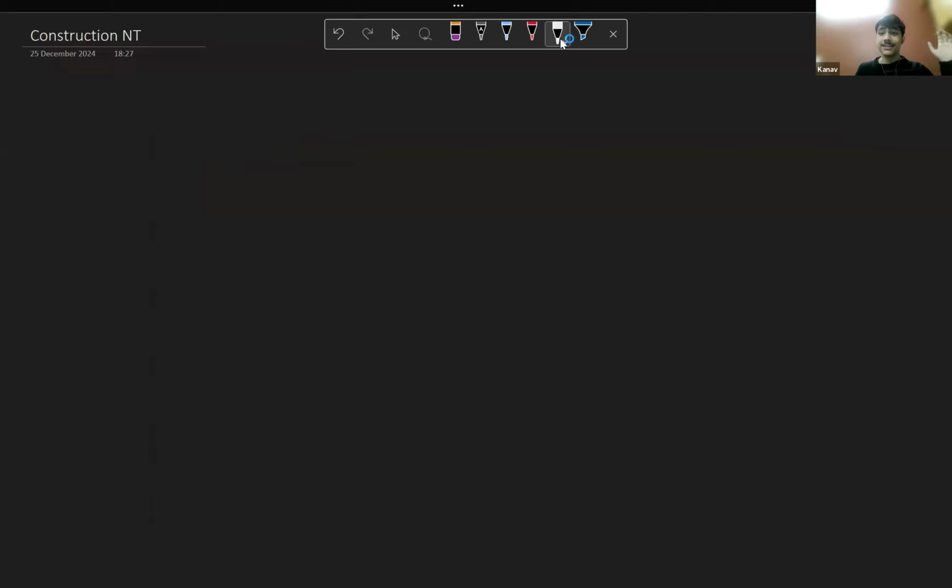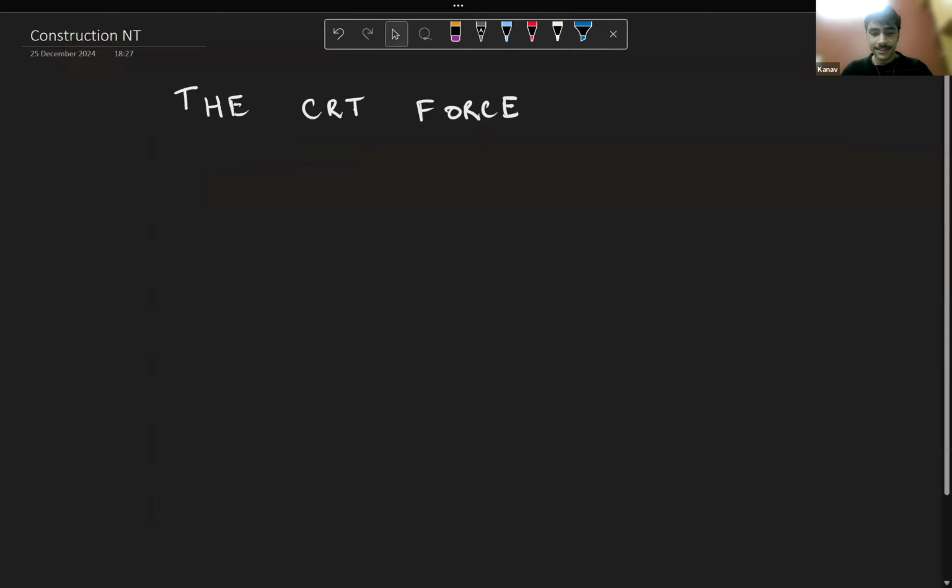The first being something called the CRT force, and the second part is something different. I'd prefer if you unmute and speak, that's much easier than reading chat. Anyway, the second part I'll tell later. So the first part is the CRT force.